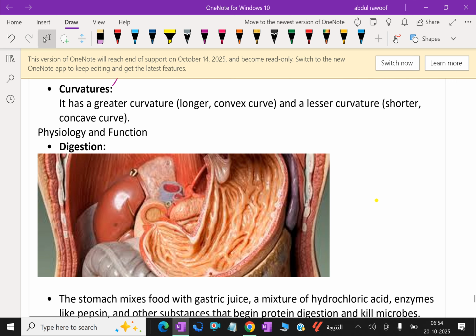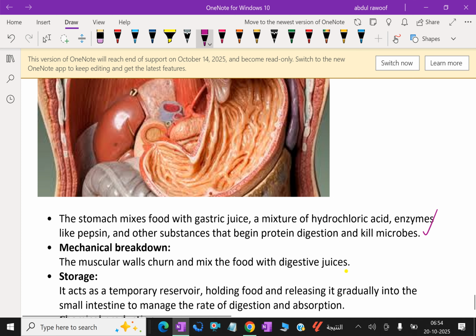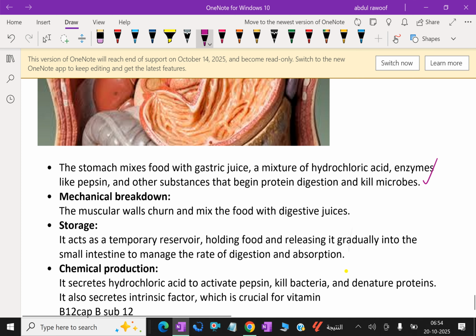Physiology and function. What is digestion? The stomach mixes food with gastric juice, a mixture of hydrochloric acid, enzymes like pepsin, and other substances that begin protein digestion and kill microbes. Mechanical breakdown.